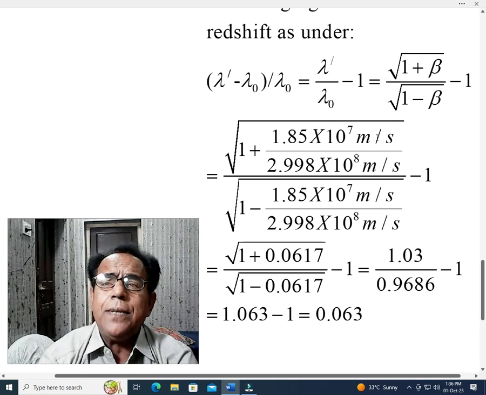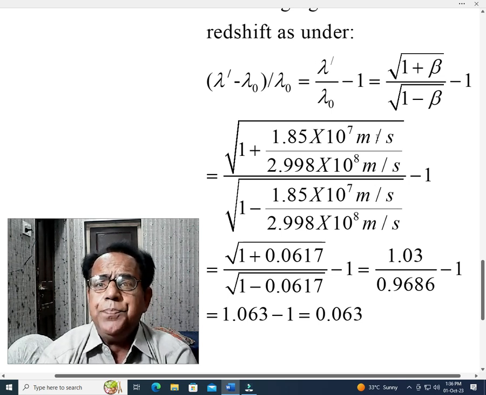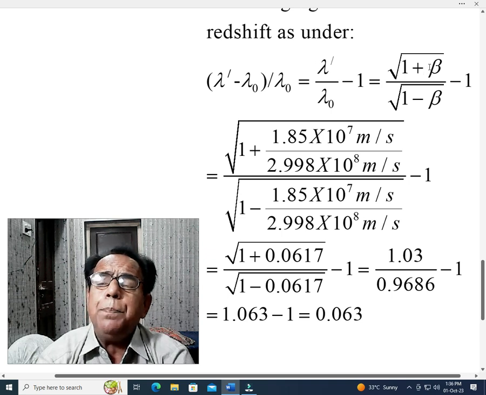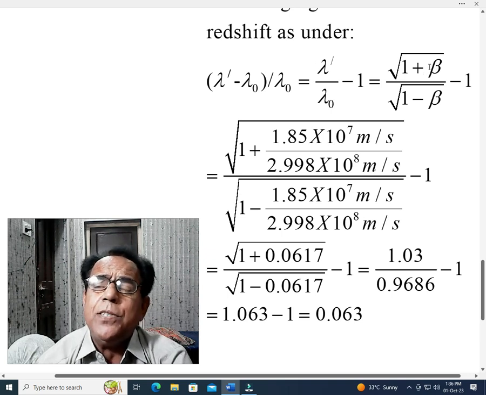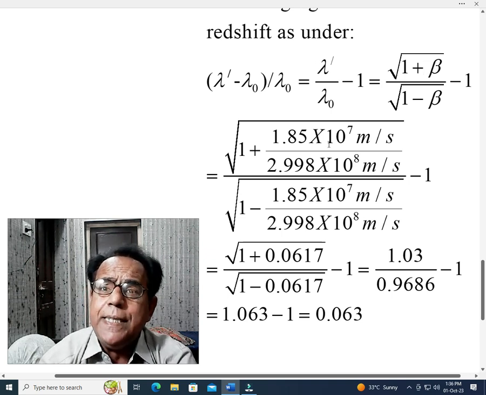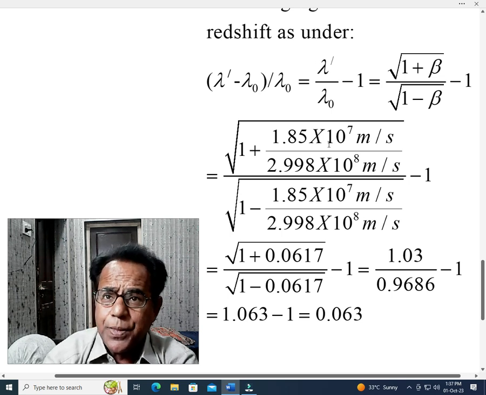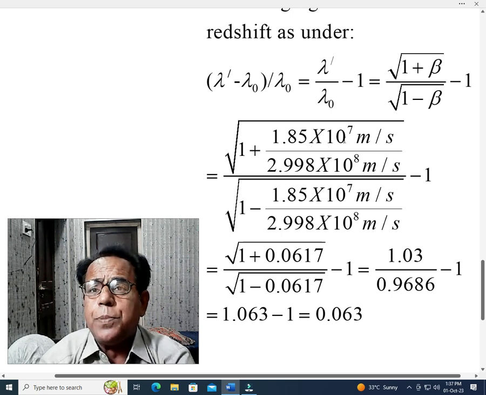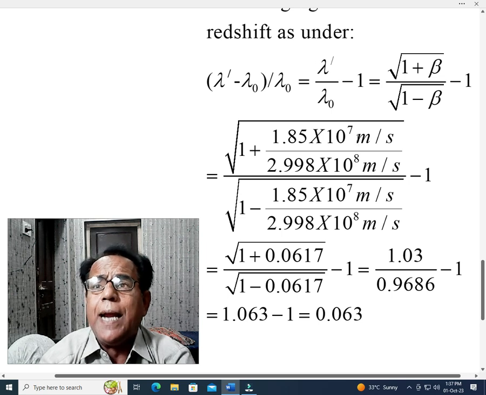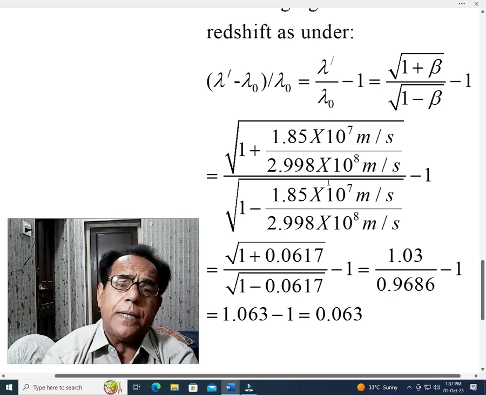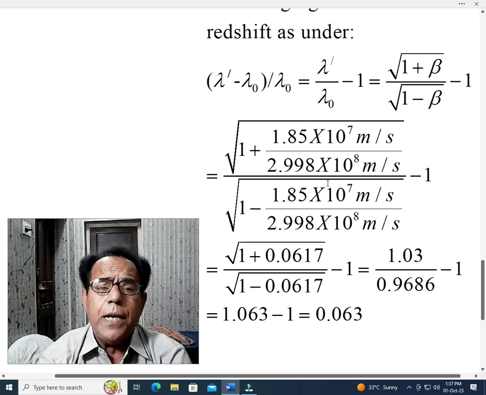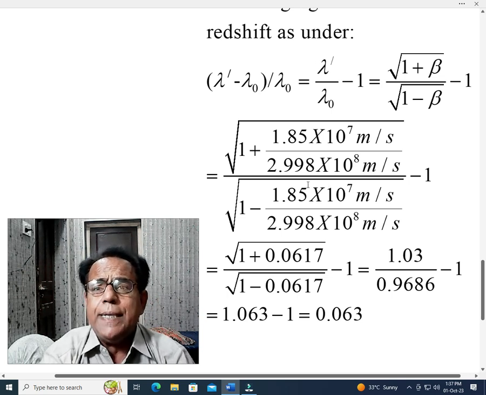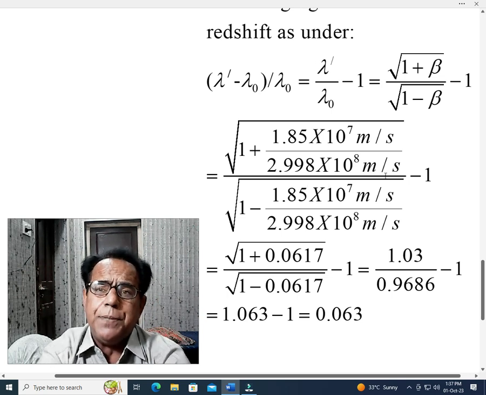We know that β is the speed parameter, equal to v over c, and v is given in the statement as 1.85 × 10^7 meter per second, and c is a constant. We know that the value of c is 2.998 × 10^8 meter per second.